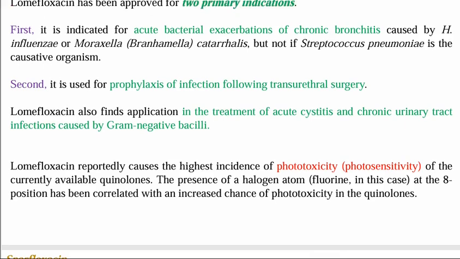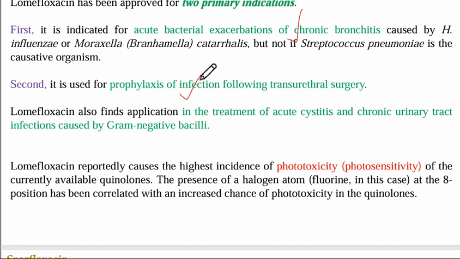Okay, so lomefloxacin has been approved for 2 primary indications. First, it is indicated for acute bacterial exacerbations of chronic bronchitis. And second, for the prophylaxis of infection in transurethral surgery.